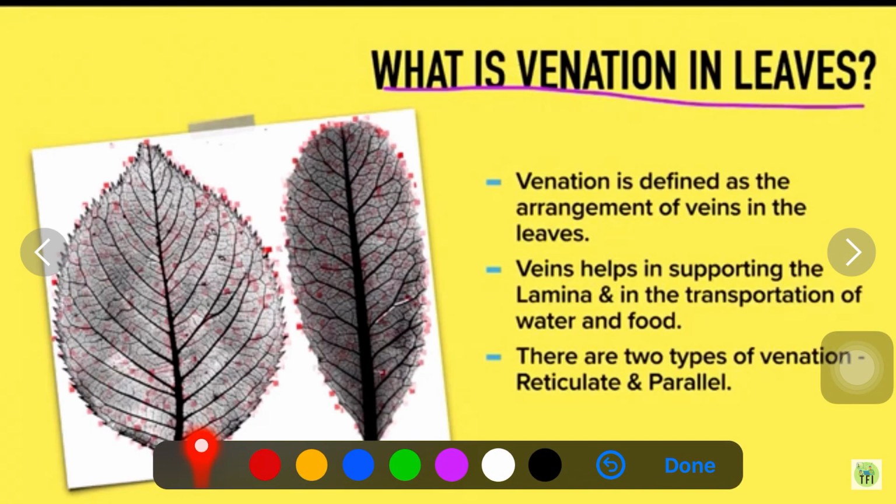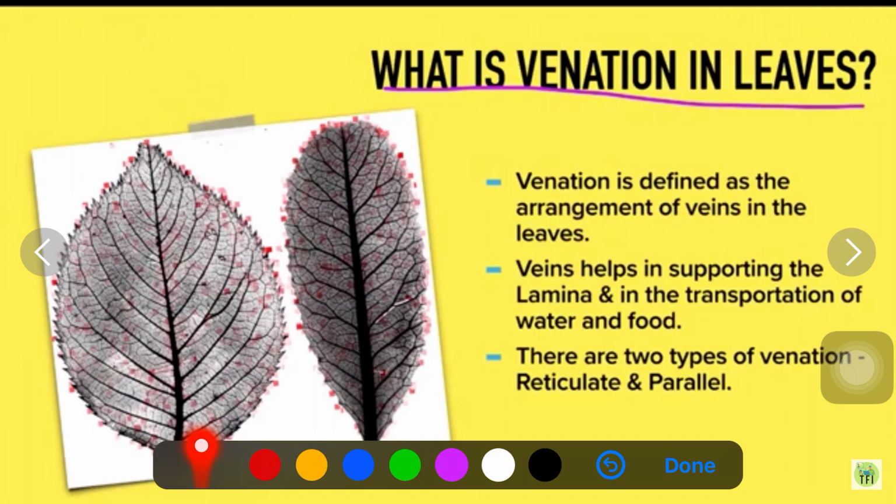What is venation in leaves? As you can see, there is an image with two different kinds of leaves, one broad and one narrow. Now we will see what venation is. Venation is defined as the arrangement of veins.